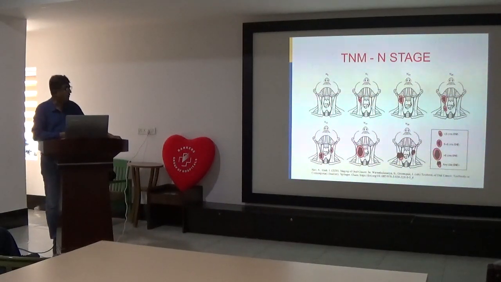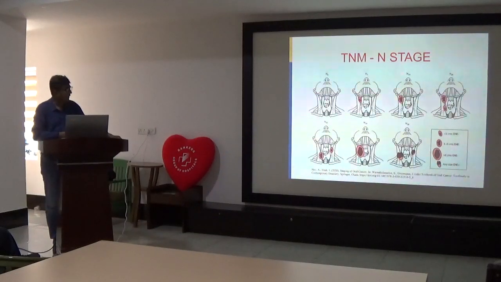Ipsilateral meaning the primary is on the right side of the oral cavity, and you have a neck node in the ipsilateral neck. Now this N1 node is less than 3 cm in size without any extranodal extension. So a node which is less than 3 cm in size, ipsilateral neck, without extranodal extension is staged as N1 neck.